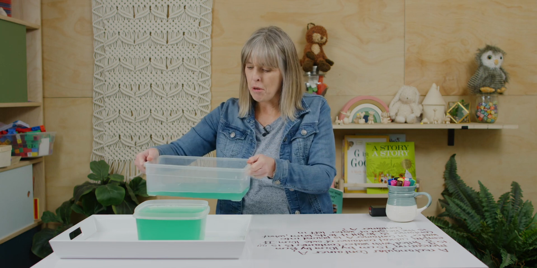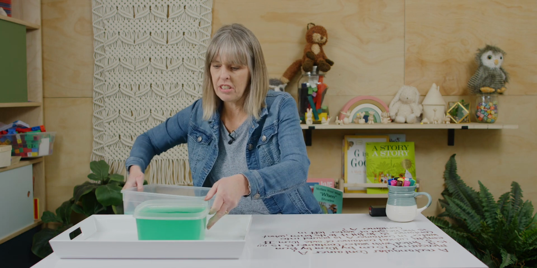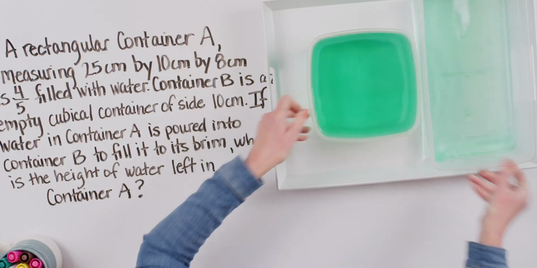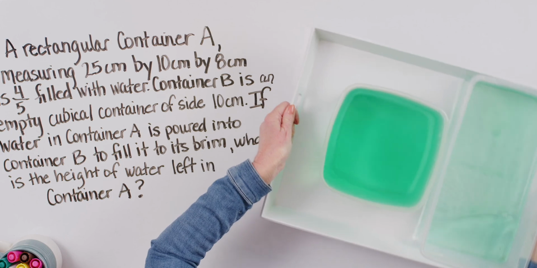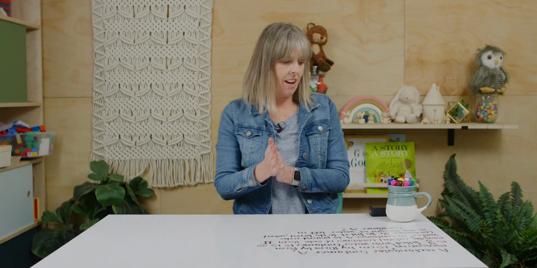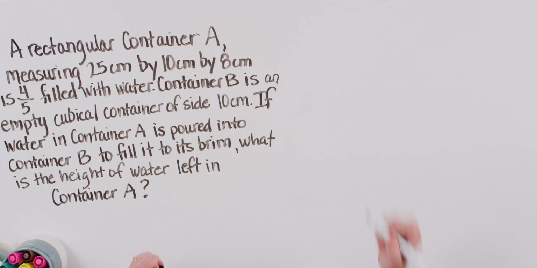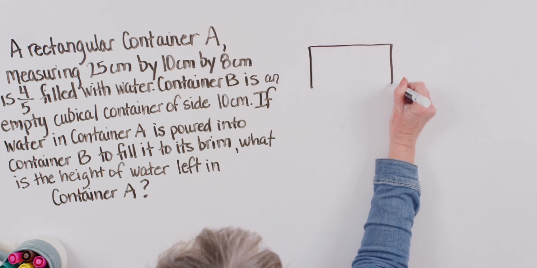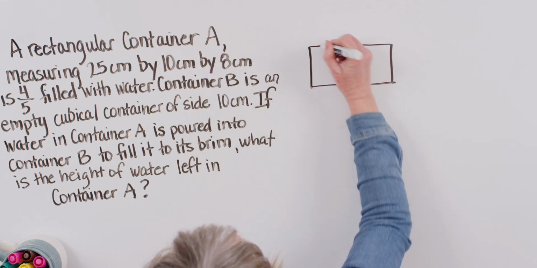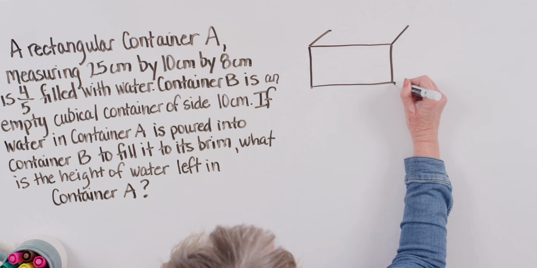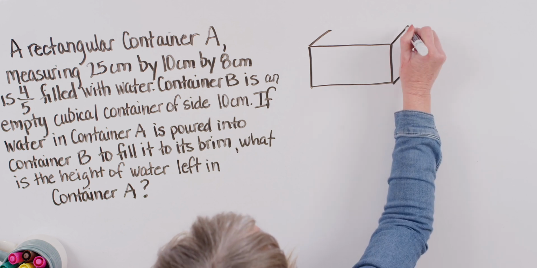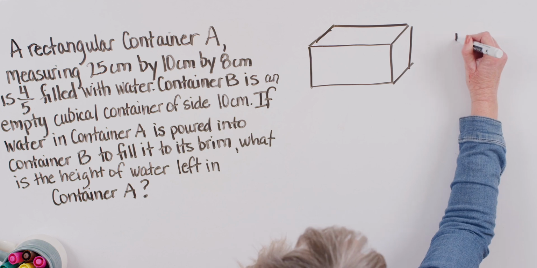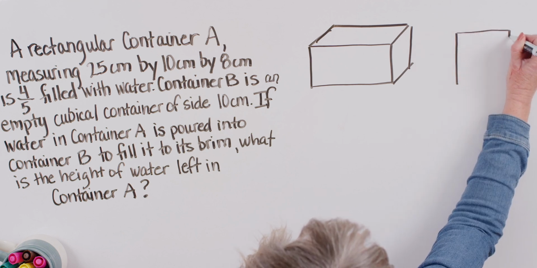All right, I'm going to move my water containers here so we have space to draw this out. All right, here we go. If I redrew my container A, like so, and my container B is over here.